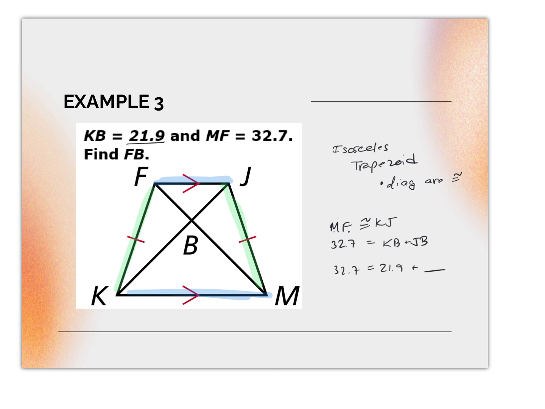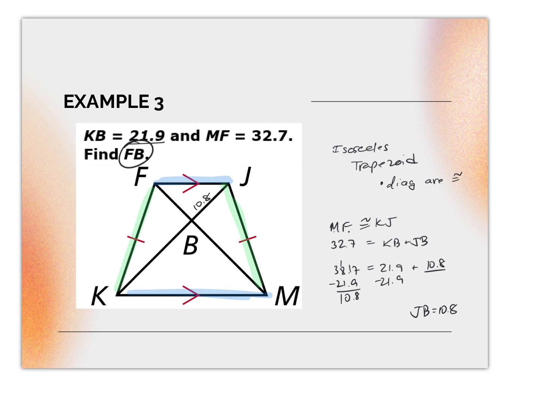So let's do that. If I subtract 21.9 from both sides, I'm going to get 10.8. So JB equals 10.8 here. Now the question is asking me FB, but remember we had this conversation already a couple slides ago.